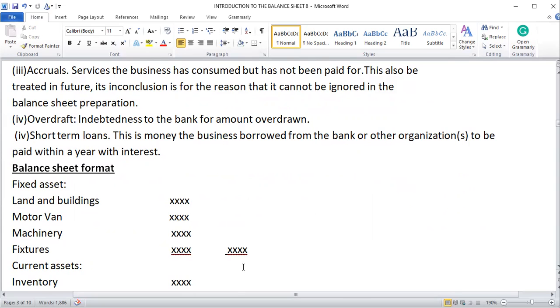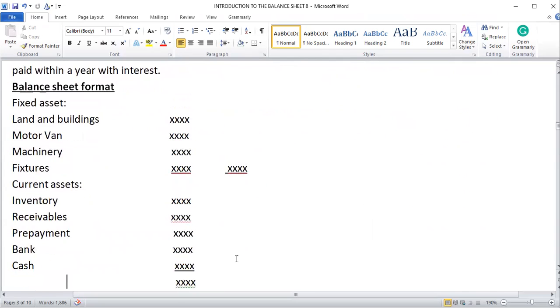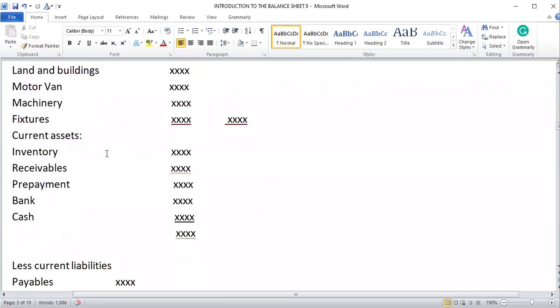Then you sum up all this, and you get the fixed asset figure. Then you take all the current assets: inventory, the amount involved, receivables, prepayment, bank, and cash, each with the amount involved.